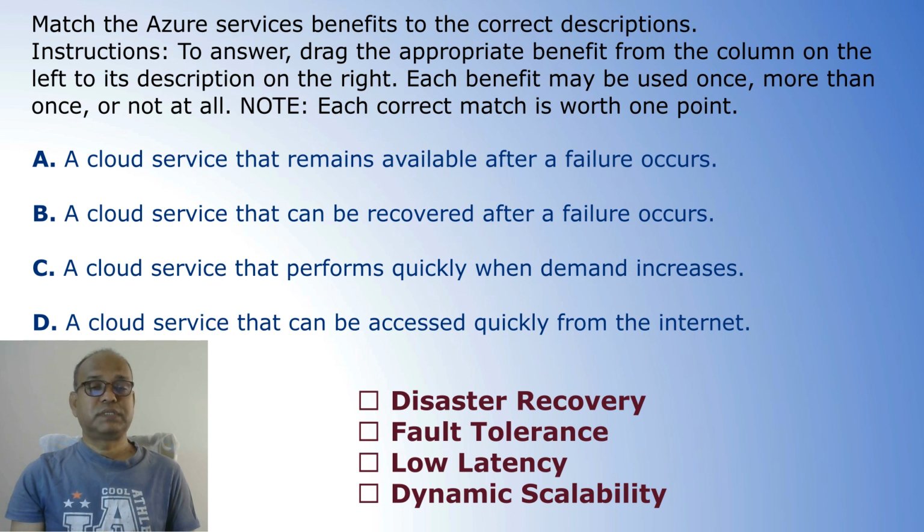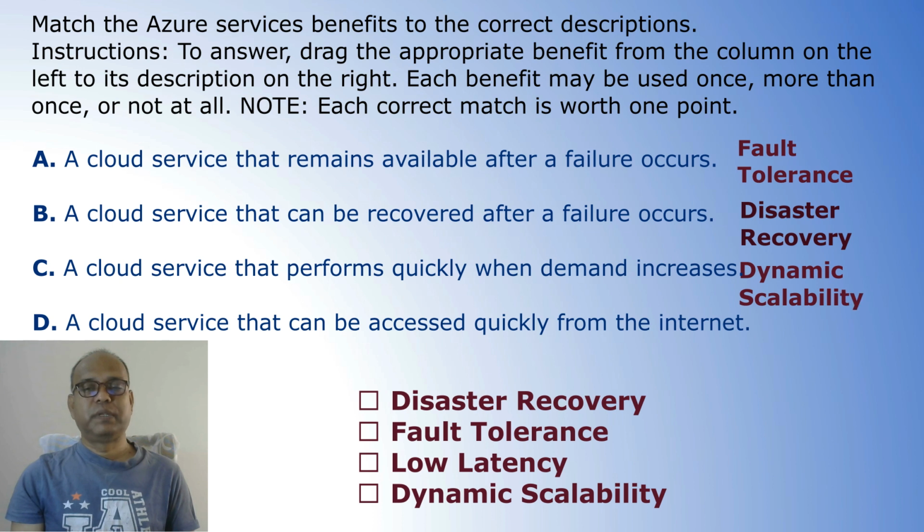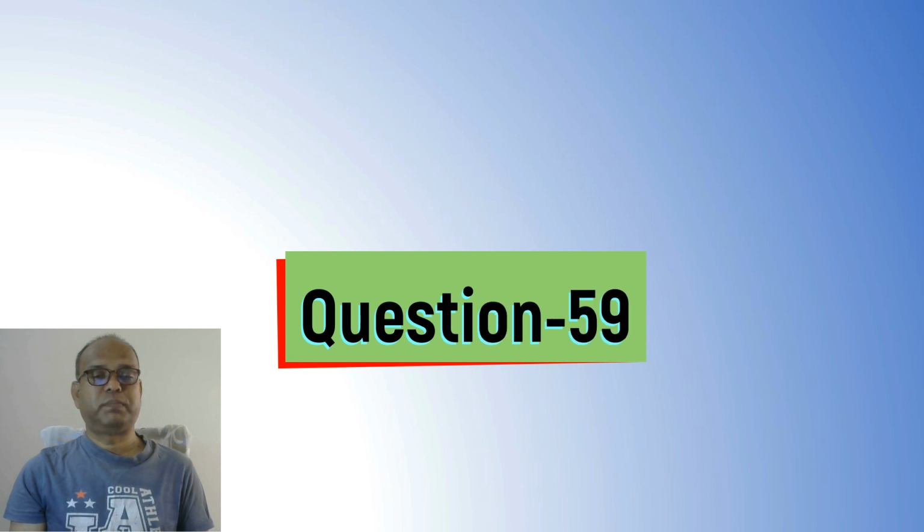A cloud service that can be accessed quickly from the internet. Answer. The correct options are in order: fault tolerance, disaster recovery, dynamic scalability, low latency. Move to the next question, question number 59.